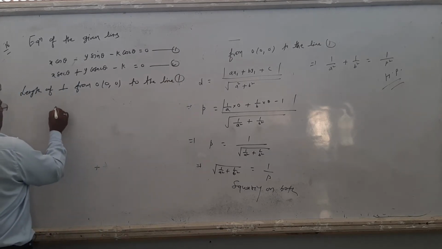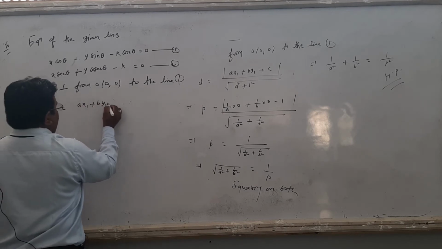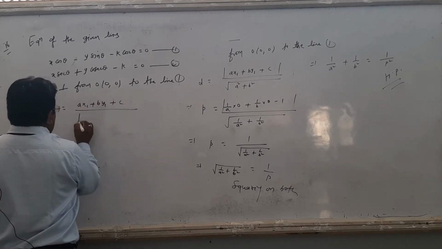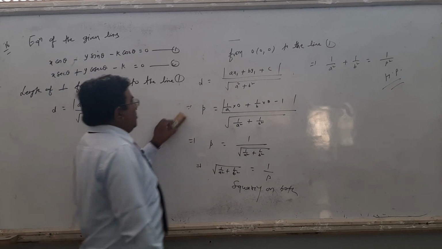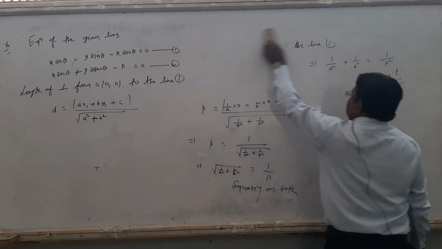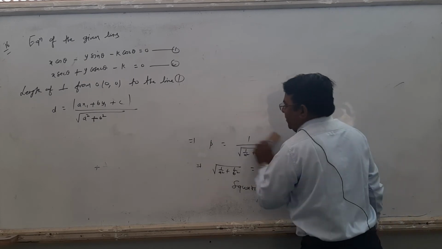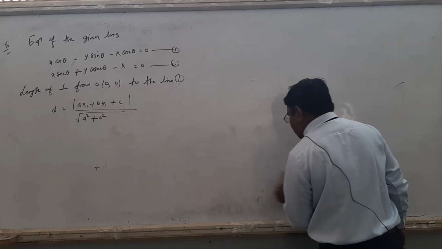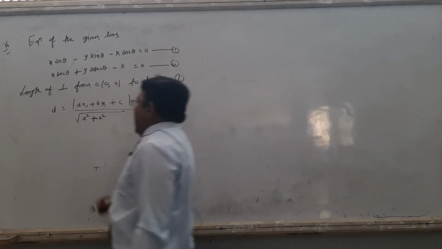So now the formula is d equals |ax1 plus by1 plus c| upon under root a square plus b square. Now look here, this is very simple: distance formula, कि किसी point से किसी line पे distance find करनी है, then apply |ax1 plus by1 plus c| upon under root a square plus b square. Apply कैसे करते हैं?